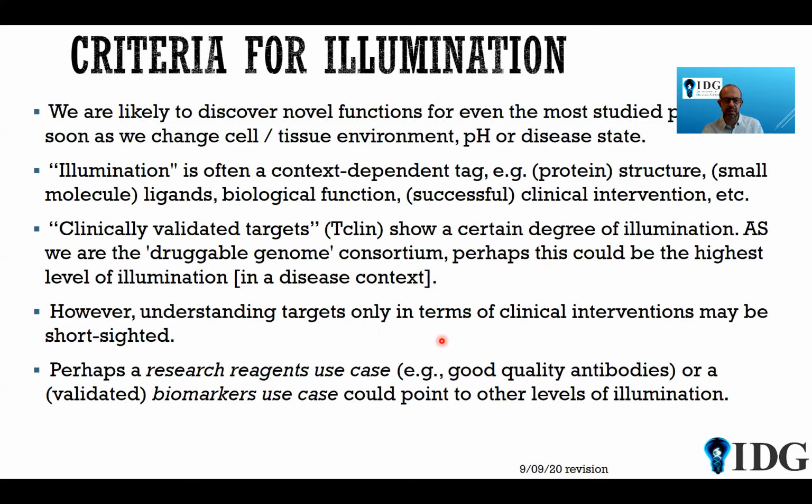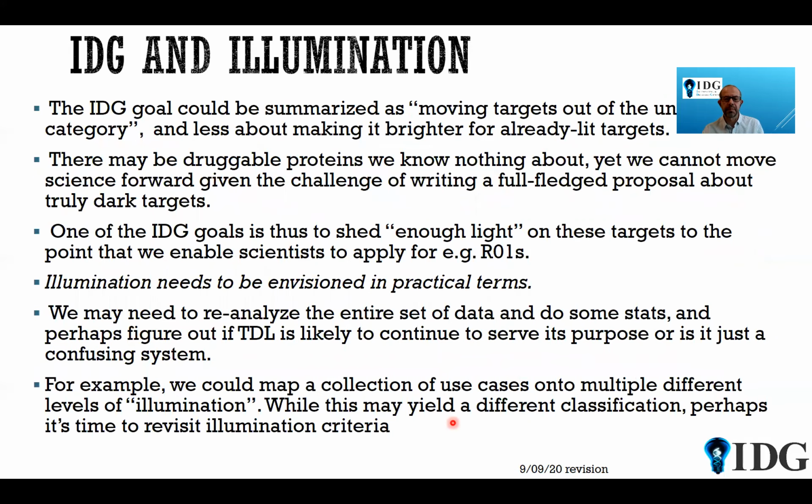We really want to understand biology. So perhaps a use case for research reagents or a use case for biomarkers, which of course would have to be validated, might offer different angles of illumination. With respect to IDG, of course, what we're interested in as a consortium is moving targets out of the understudied category and making them brighter, not so much targets that are already well illuminated.